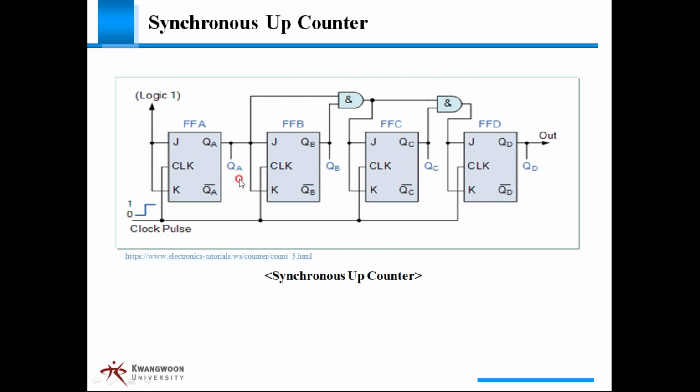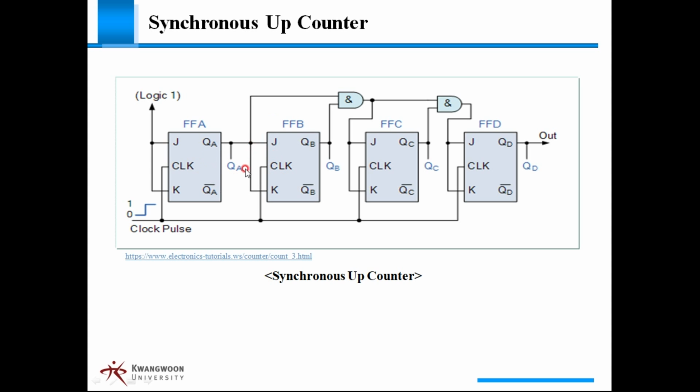At first, let's consider that QA, QB, QC and QD are all 0. Then the first input is 1, so it goes into J and K. If the JK flip-flop inputs are all 1, then QA is converted.